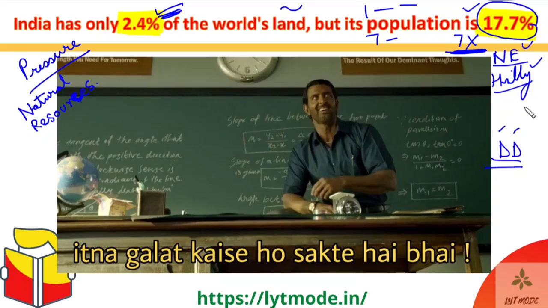So less than half of the people are in the working age group over there. India is not like that, and that is where the population is not just a negative thing, it's a positive thing in economic terms. It can be used in a very good manner, but that is again a really huge topic for a separate day altogether. For today, all we need to know is इतना गलत कैसे हो सकता है भाई, but गलत तो है. Okay, so let's move ahead then.